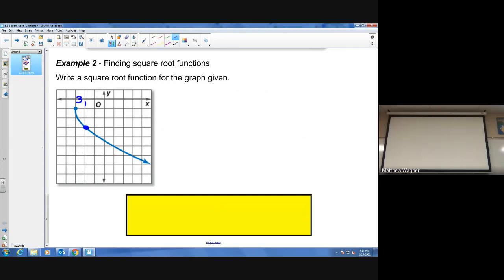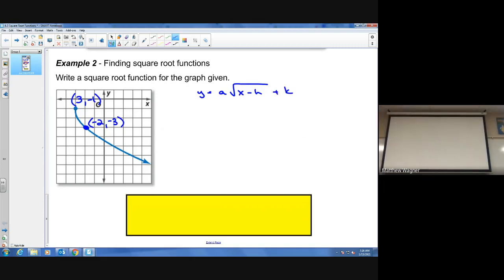So we have an endpoint at 3, negative 1. We have another point on our parabola at negative 2, 3. We've done problems just like this with parabolas. Okay. So we're going to take our standard form. There we go.